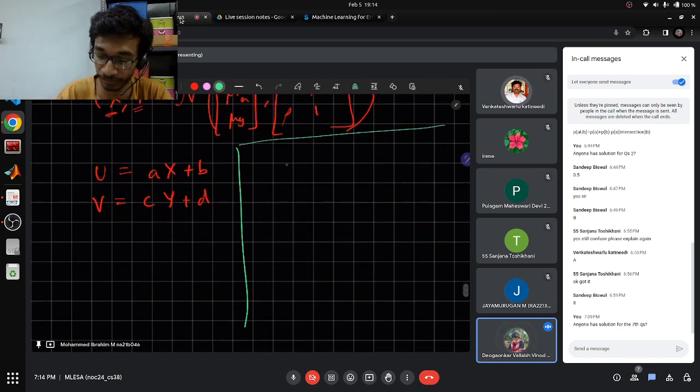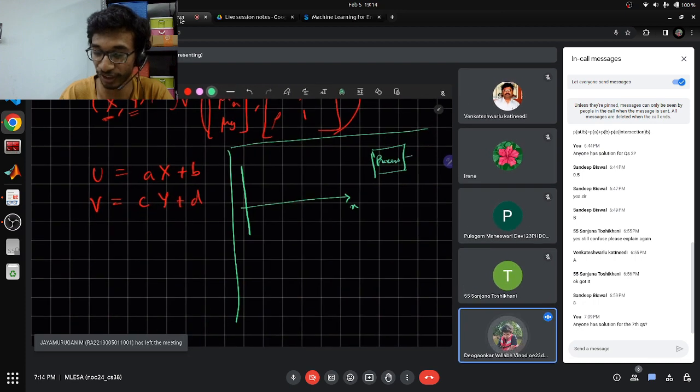Whenever you are trying to sample some data, let's say your data is going to be some numbers. You have a process, let's say, and this process keeps on generating some data.